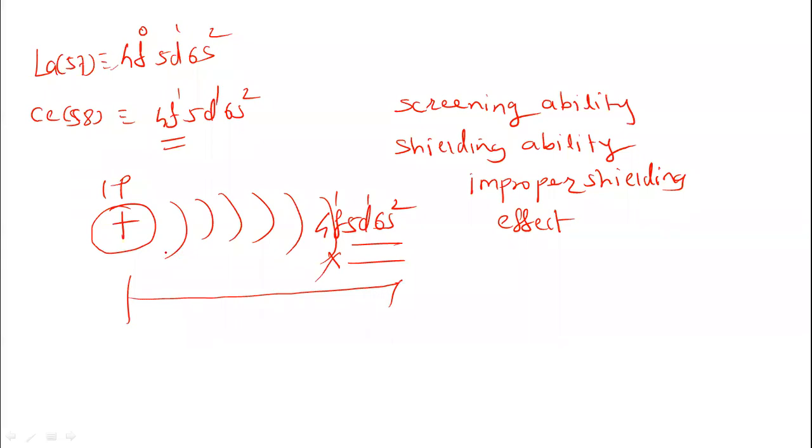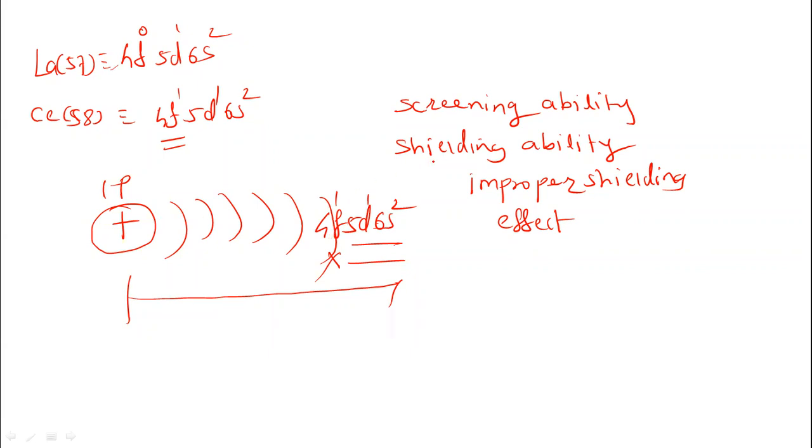As we know, from lanthanum to lutetium, the electrons are only added into the 4f orbital. The last electron, the differentiating electron, is added into the 4f orbital, and in this case the 4f orbital is not playing its usual role. It is not showing its proper shielding ability. Therefore, the effective nuclear charge of the nucleus increases, the valence electrons are closely attracted to the nucleus, and there is a contraction in the size.